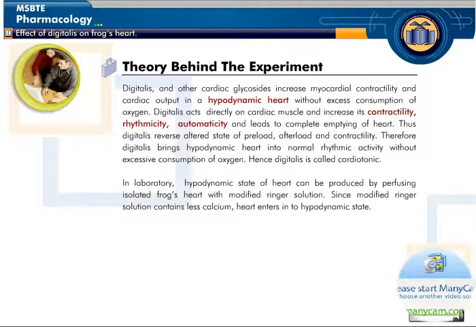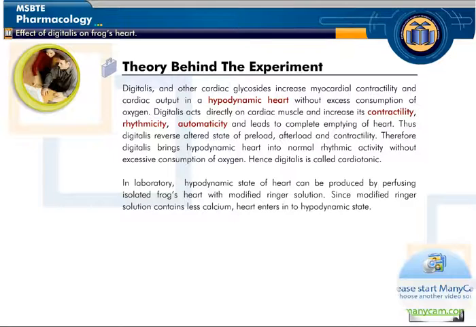Thus, Digitalis reverses altered state of preload, afterload and contractility. Therefore, Digitalis brings hypodynamic heart into normal rhythmic activity without excessive consumption of oxygen. Hence, Digitalis is called a cardiotonic.